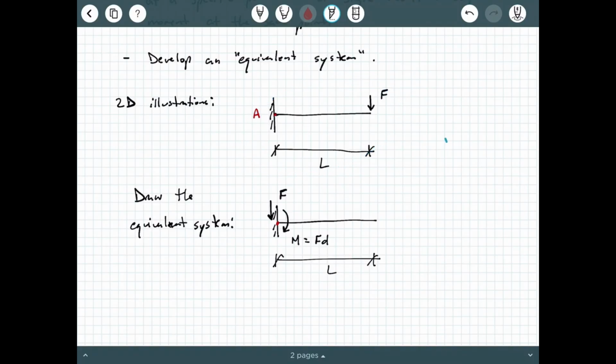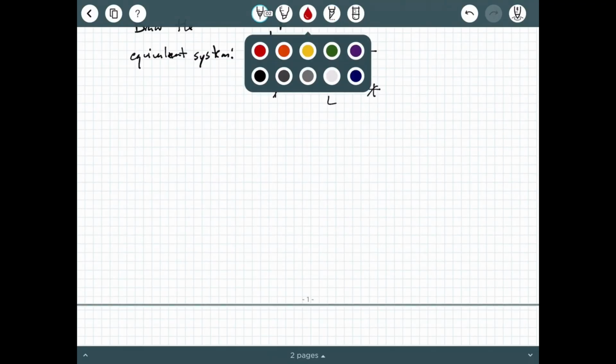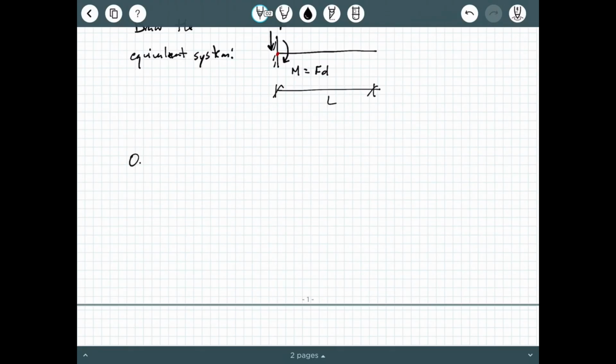Let's do another illustration real quick, and hopefully this will solidify your understanding. Let's call this another original system.